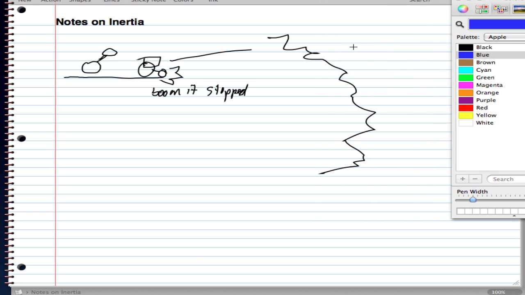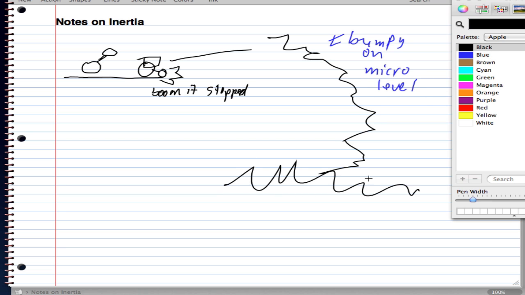So again, bumpy on a micro level. And the floor that it rolls on is also bumpy. And what this means is that bumpy on bumpy means stuff slows down as it moves.